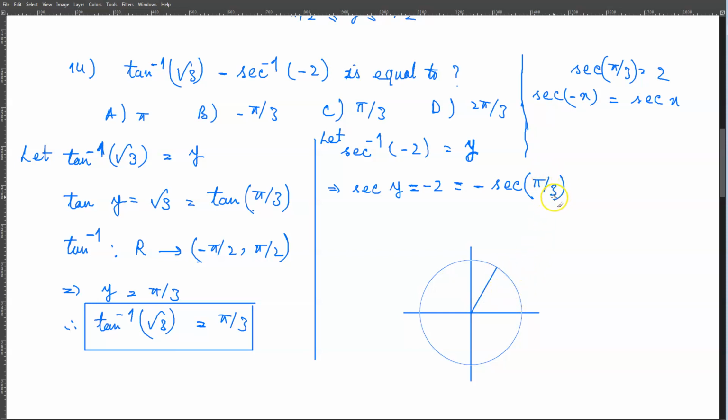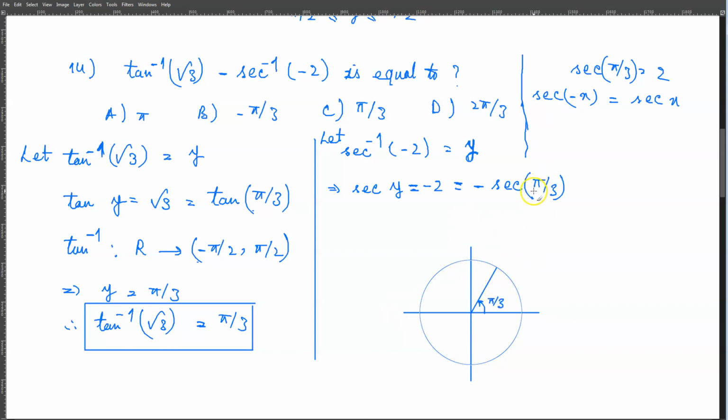Pi by 3 is equal to 60 degrees. This angle over here is pi by 3. Now I cannot show the secant trigonometric ratio directly on the circle. I can show the cos and the sine functions over here.